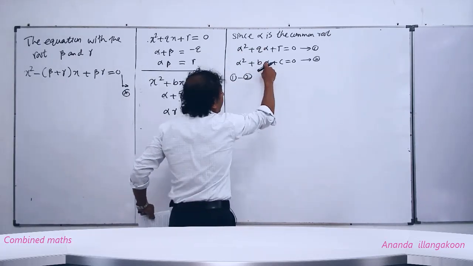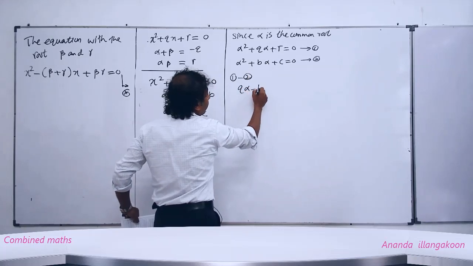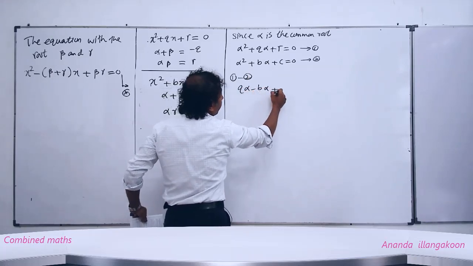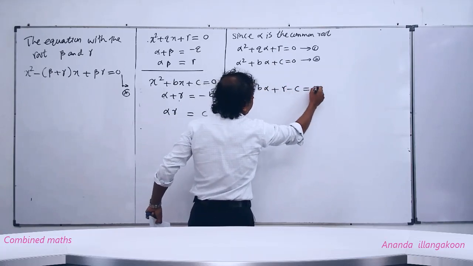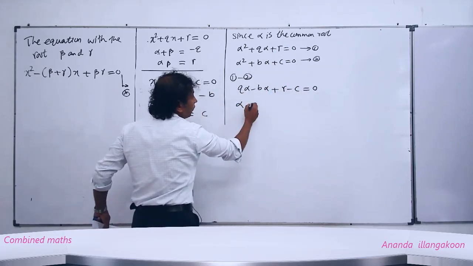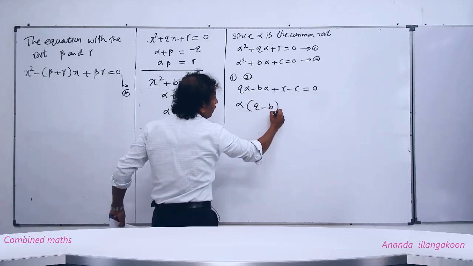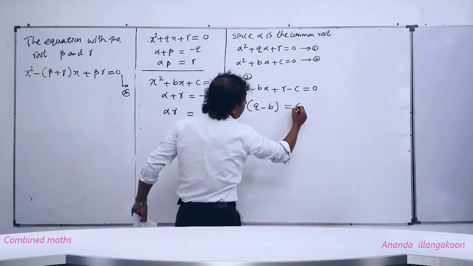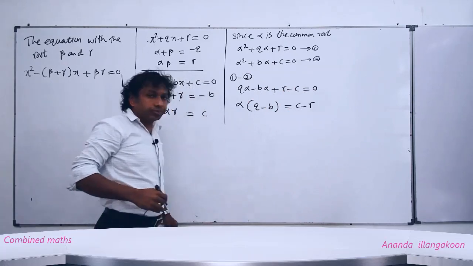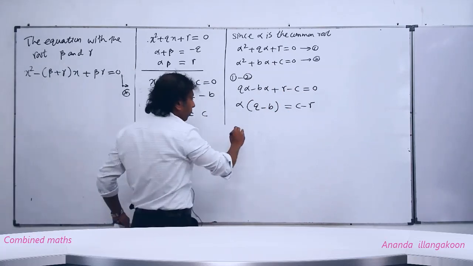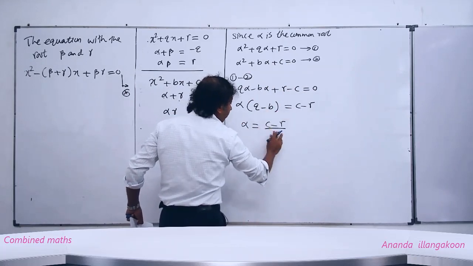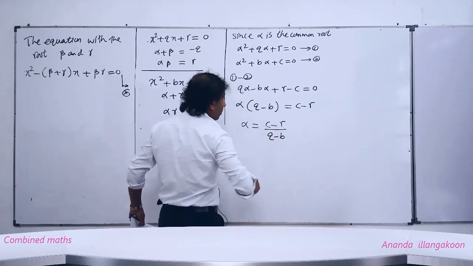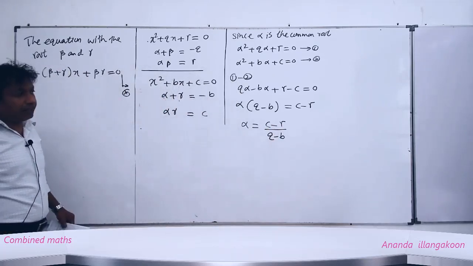Q alpha minus b alpha and r minus c equals 0. Take this alpha out: q minus b. Take the right hand side: c minus r. Then we get alpha equals c minus r divided by q minus b. That is the common root.